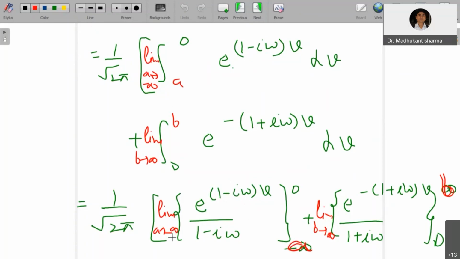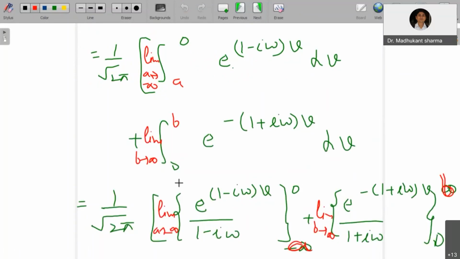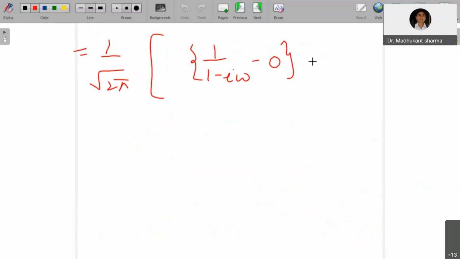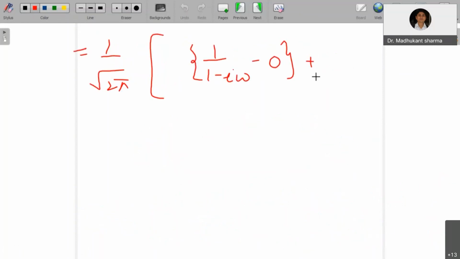So this entire term will tend to 0 by Sandwich theorem. Similarly here, plus, when you apply the upper limit b tends to infinity, this tends to 0, minus lower limit. So you have 0 minus 1 upon 1 plus iw.